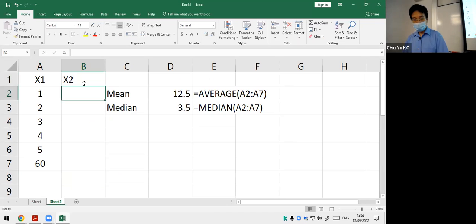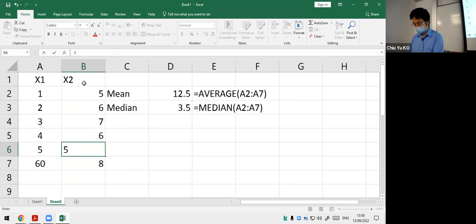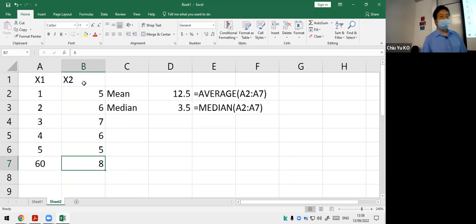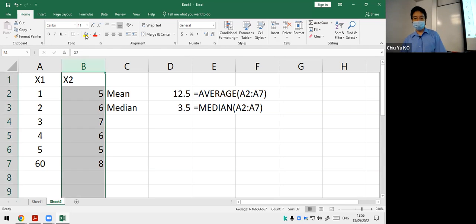Suppose there is another set which is saying 5, 6, 7. I also want to calculate the mean of this column. So is there anything quick we can do without doing all this, right?